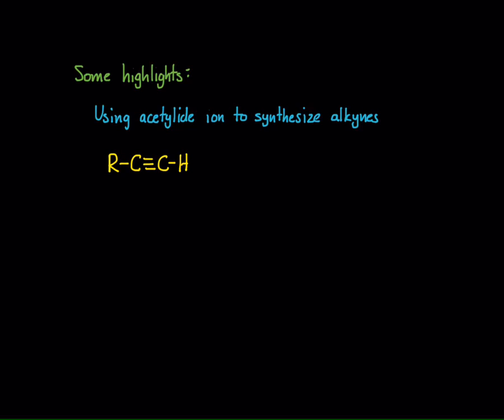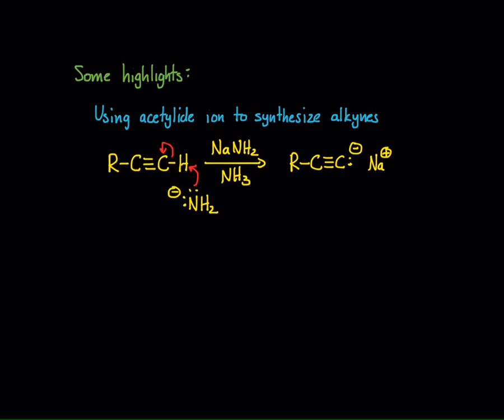Recall that if I take acetylene or a terminal alkyne, where acetylene is if the R group was hydrogen, I know that a terminal alkyne is acidic. If I react that with sodium amide in ammonia, the amide is a very strong base, and it's going to simply deprotonate the terminal hydrogen. This results in what's called the acetylide ion.